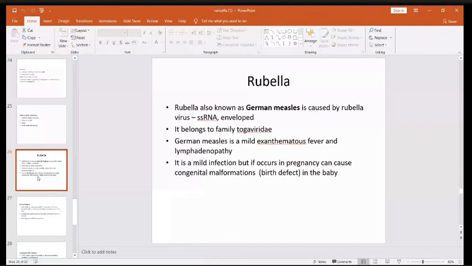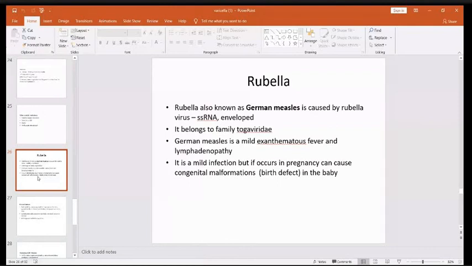So if rubella has occurred during pregnancy, the baby can have birth defects. As I mentioned, the clinical feature is similar to that of measles, and lymphadenopathy is more prominent, and it can also be associated with joint pain or arthritis, that is, inflammation of the joint.